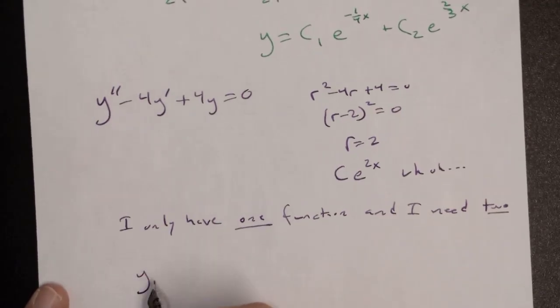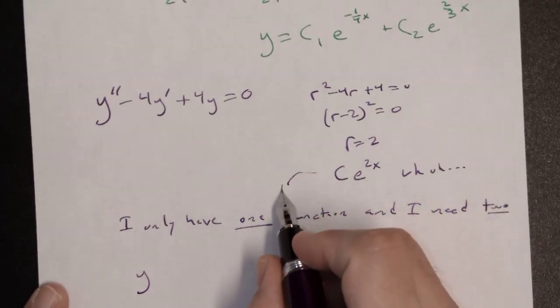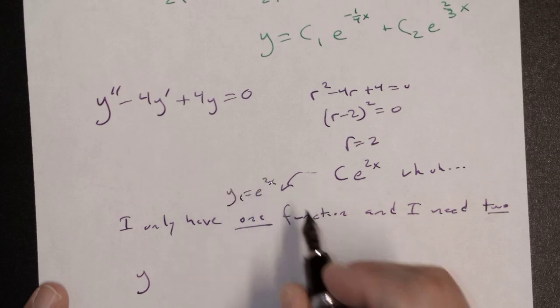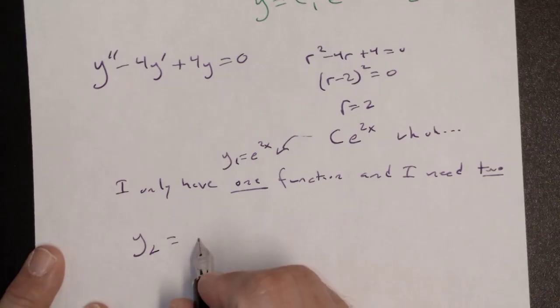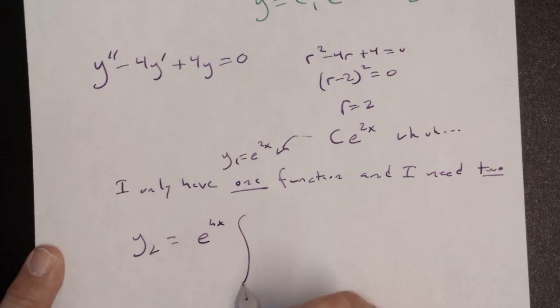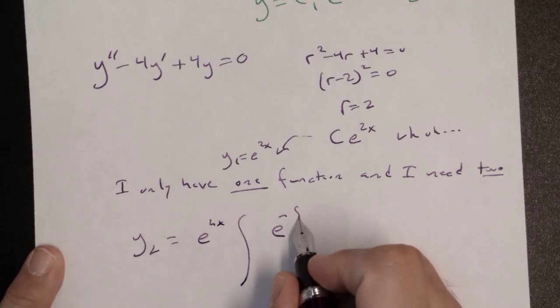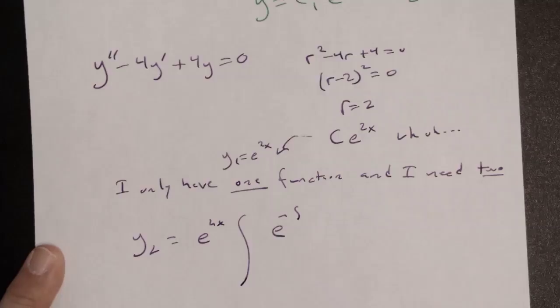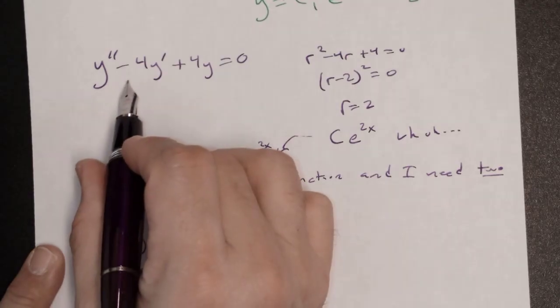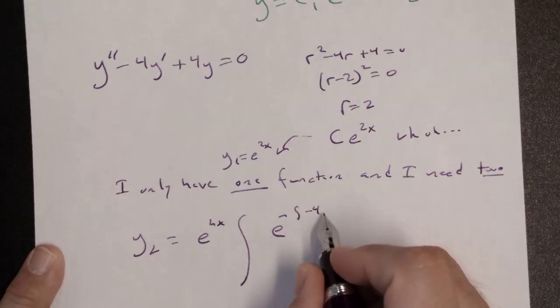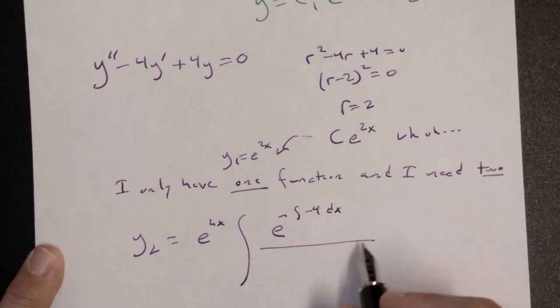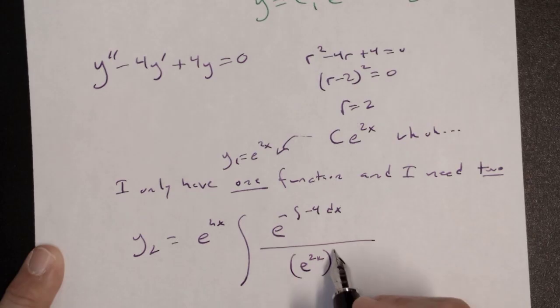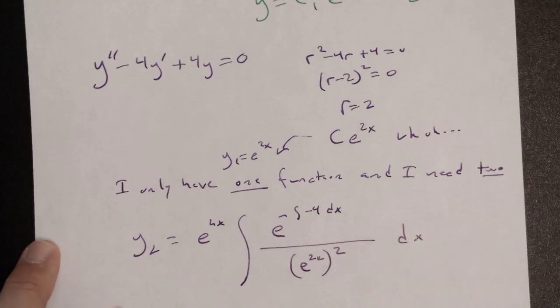Y1 is e to the 2x. Y2 is e to the 2x times the integral of e to the negative integral of P, where P is this number, over y1 squared dx.